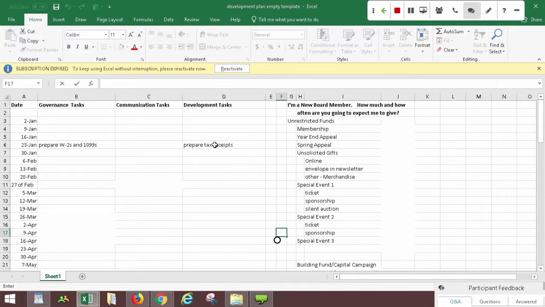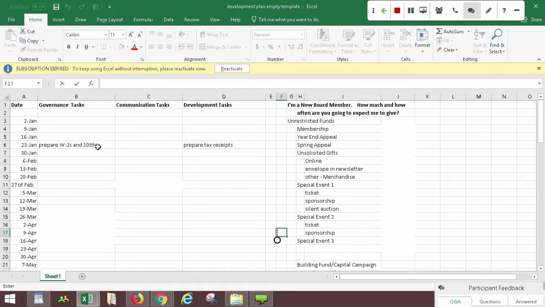So, as a development task, you're all going to sometime around late January, early February, be preparing your tax receipts for your donors who gave $250 or more in the previous year. That's a development task.